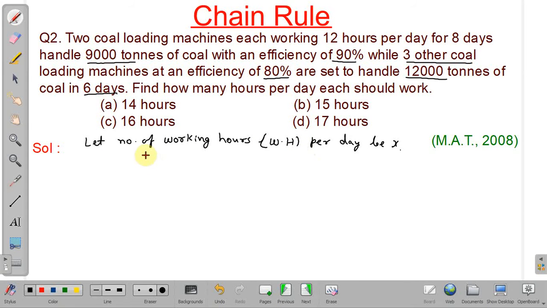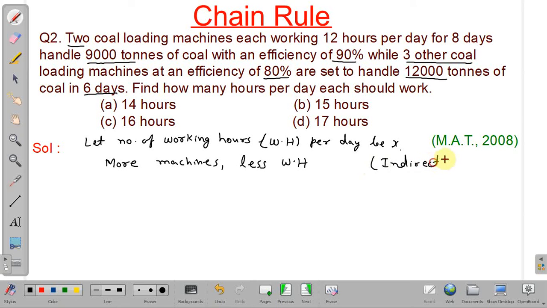So if there will be more machines, see first case only two machines are there, second three machines. It means per day working hour should be less. So more machines, less working hour per day. So it is indirect proportion.